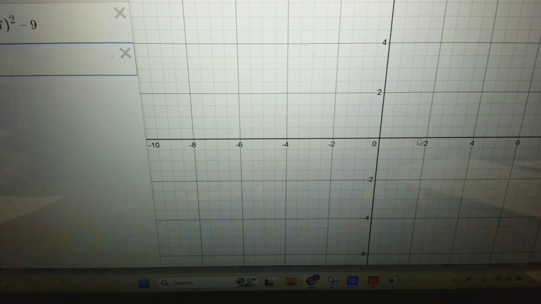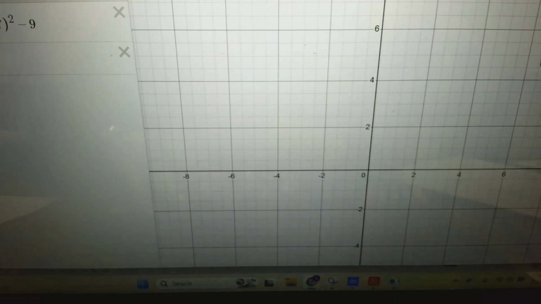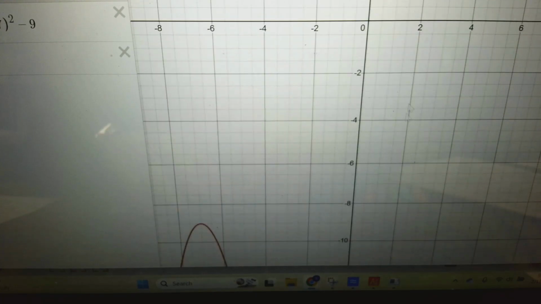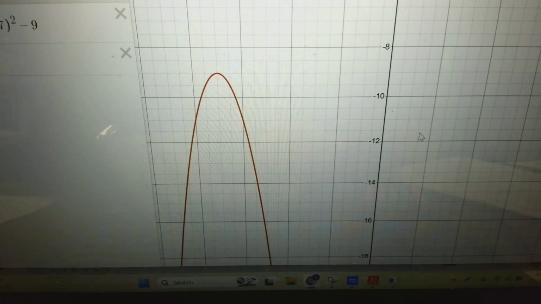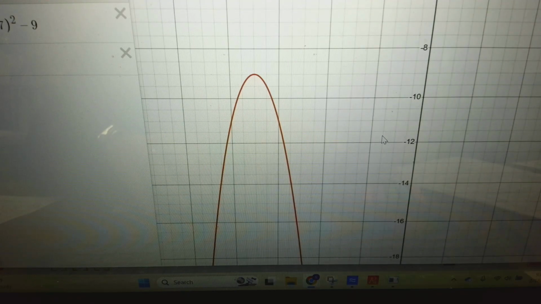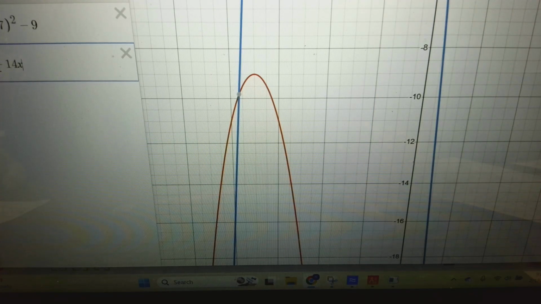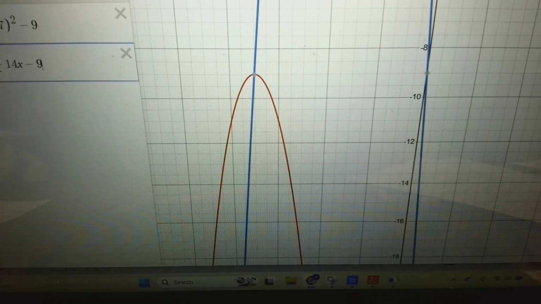Not seeing anything yet, so let's see if we can hit a, there it is. Then I'm going to graph the second one, which is g of x equals negative 2x squared minus 14x minus 9.